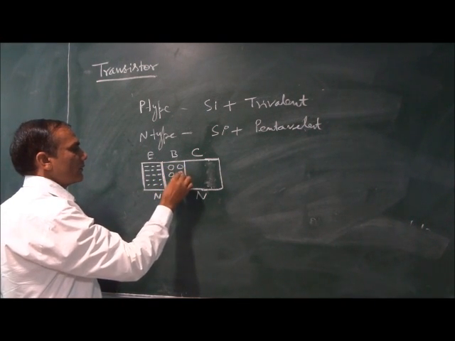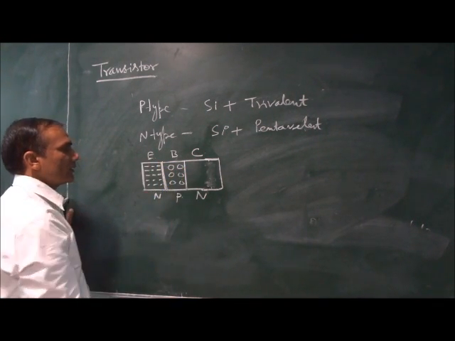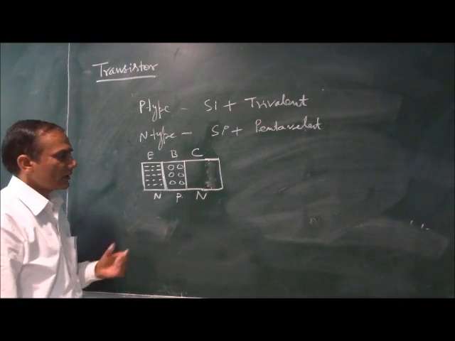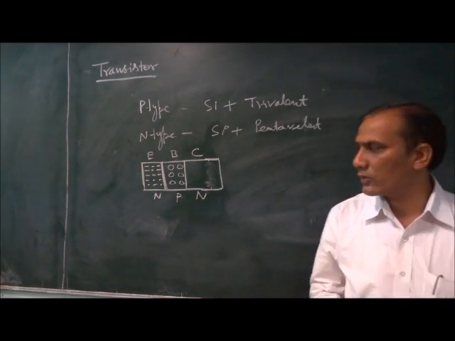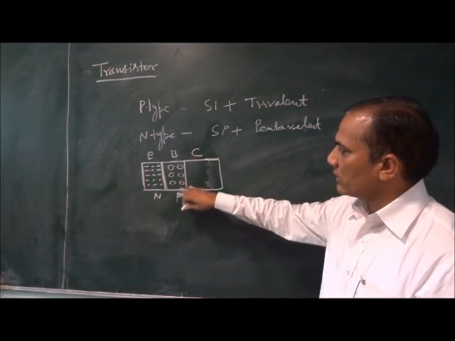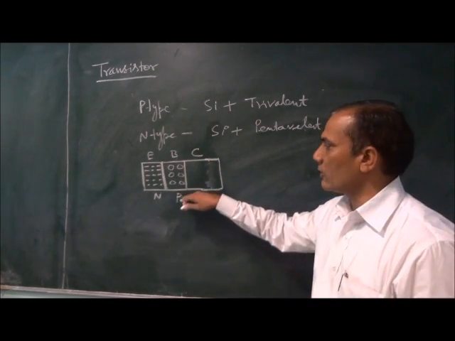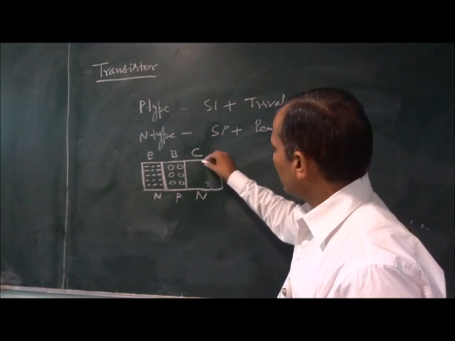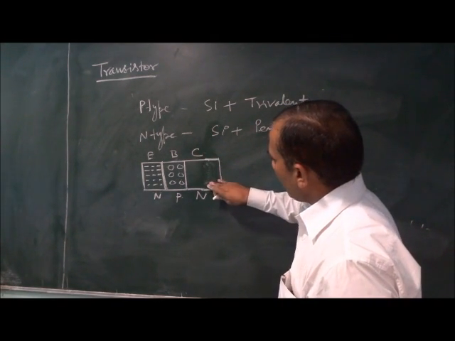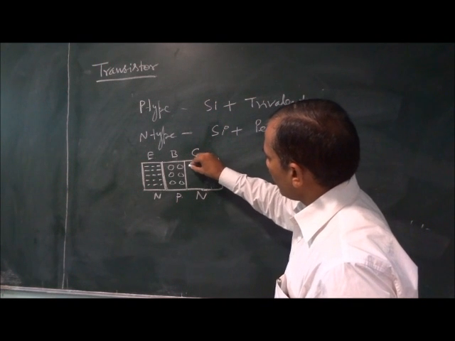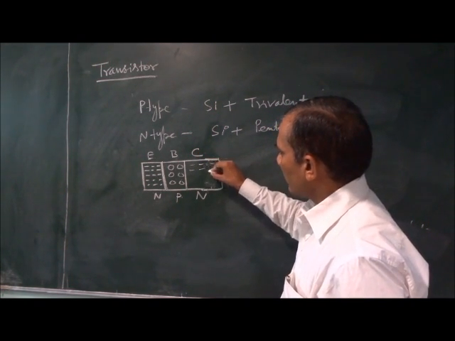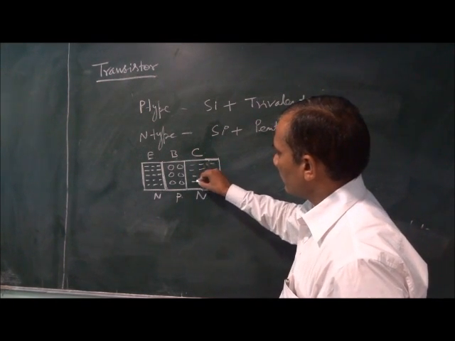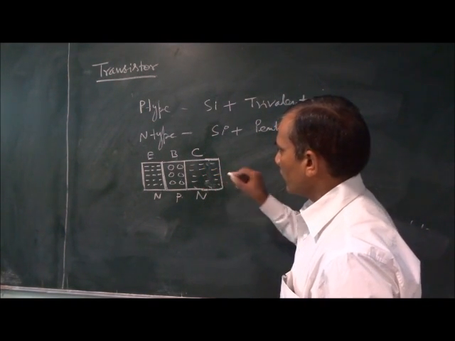We call them as holes. Holes are nothing but the absence of the electrons. There is a vacancy for the electrons here. Then similarly, now N type again, collector is formed with N type, so again you will be having the majority carriers as the electrons.